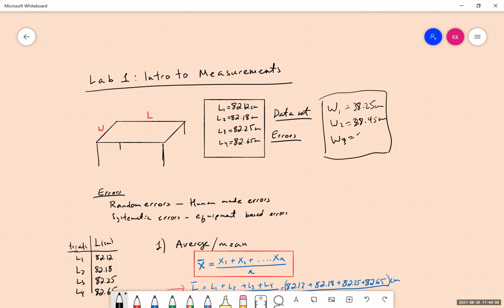The third person, 38.12 centimeters. Fourth person, maybe even 39.10 centimeters, something like that. So you get 4 measurements. What do you do? Well, you find the average, and you find the uncertainty for the width measurement.